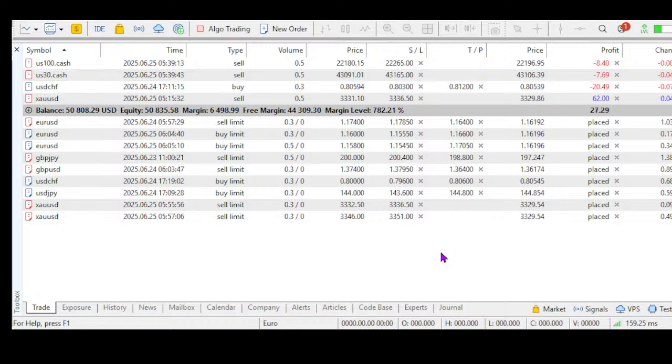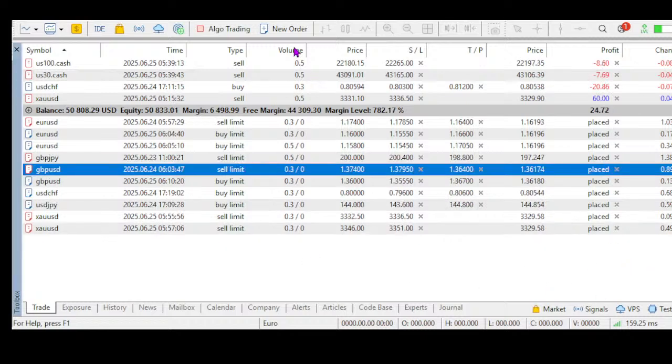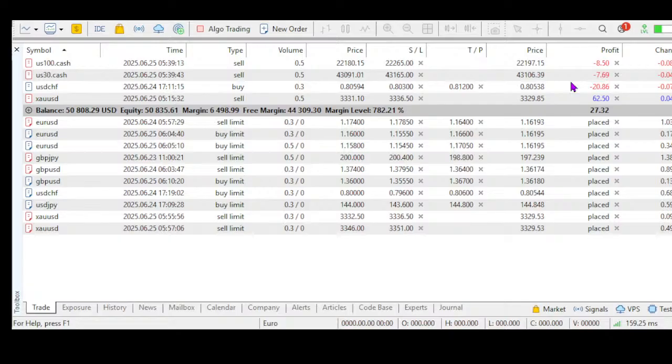Okay, this is one order. Then we are going for another buy at 135.80, stop 135.45 and TP 137.05.